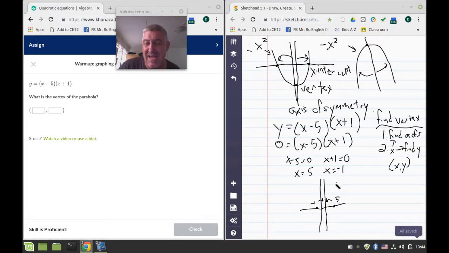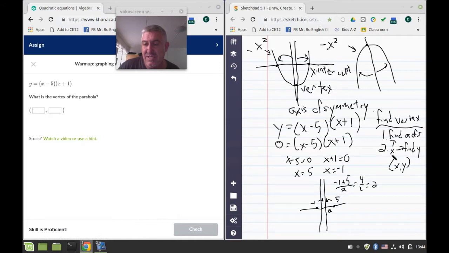It's going to be the average. So we take negative 1 plus 5, add those together, and divide by 2 to find the average, which is 4 divided by 2, which is 2. That means the axis of symmetry is at x equals 2. So now we've done step 1.